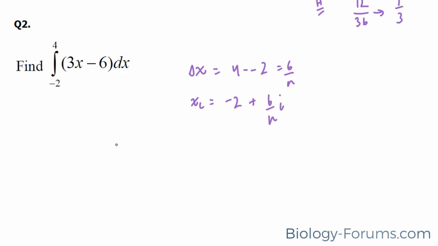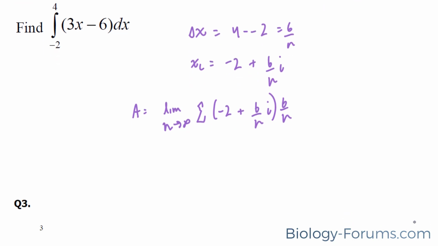And we're going to place this into our formula. A is equal to the limit as n approaches infinity for the sum of your x initial, which was negative 2 plus 6 over ni, and you multiply that by 6 over n. And now what we're going to do is replace all of this into our x.